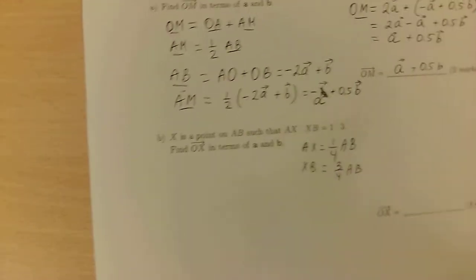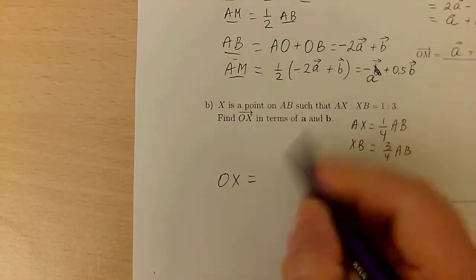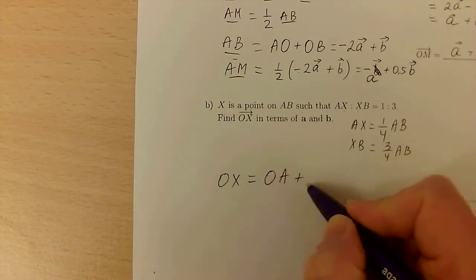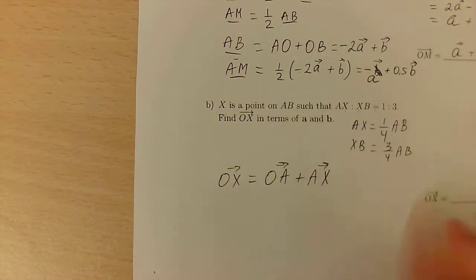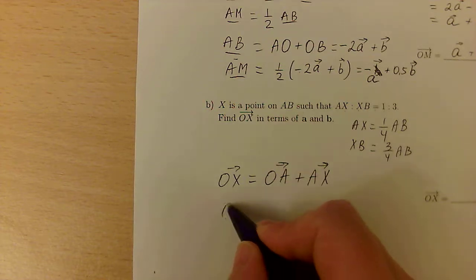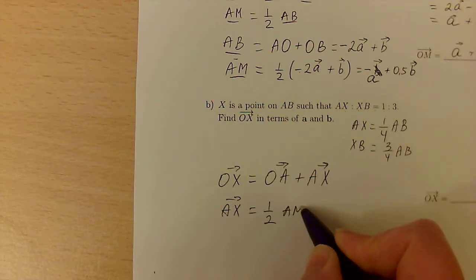Let's write it down. OX is equal to OA plus AX. AX is half of AM.